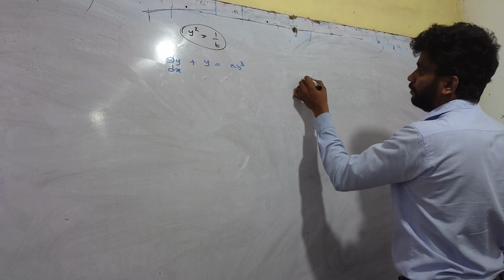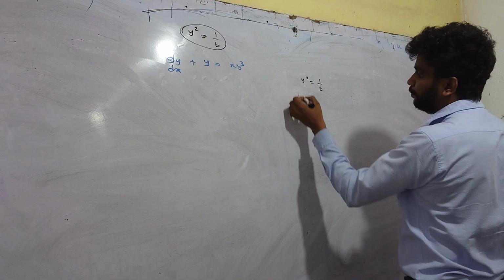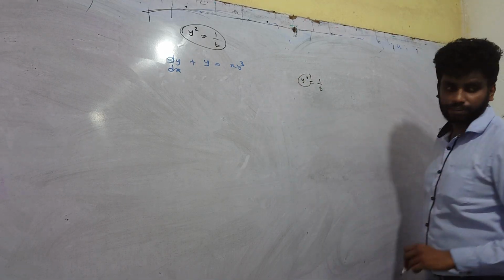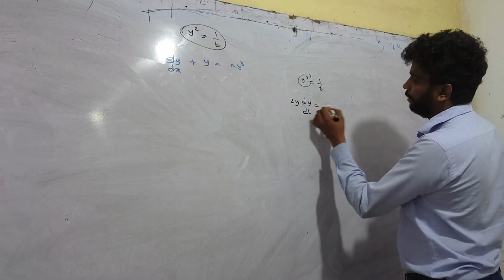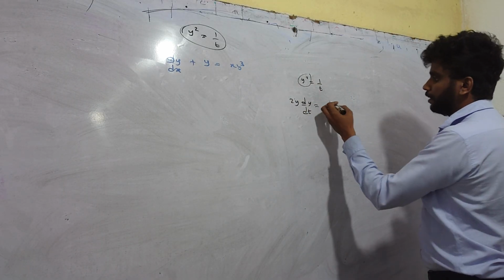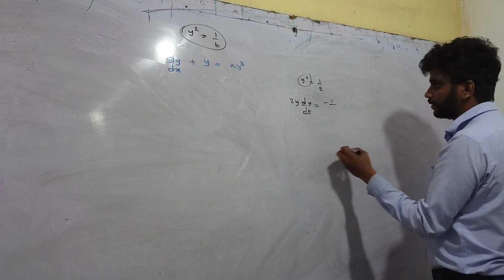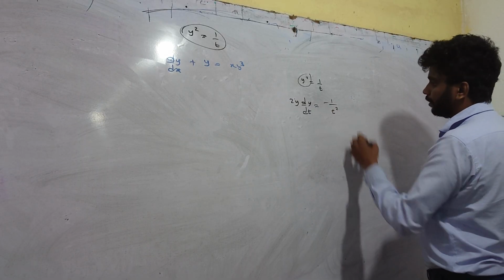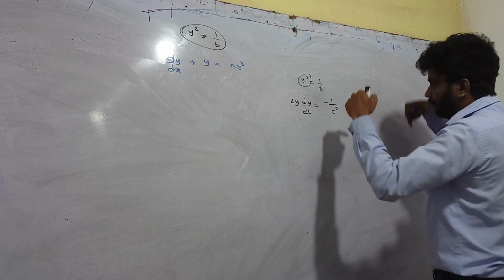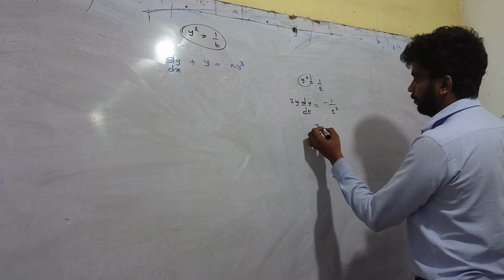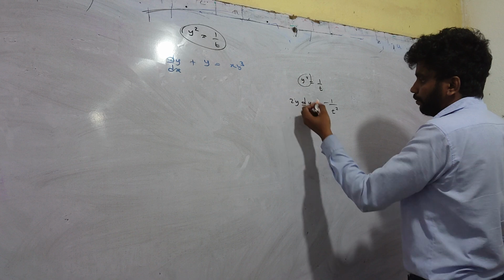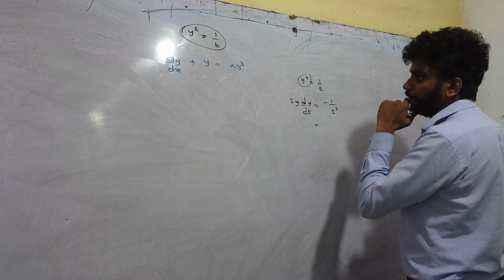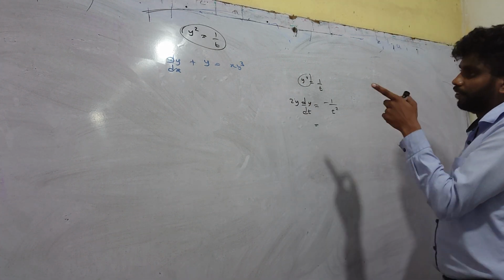When you differentiate both sides with respect to t, we apply the chain rule for this, right? This becomes 2y into dy by dt. When this is differentiated, this t to the power minus 1 comes outside, and t to the power minus 2 becomes a denominator, right? Then dy by dt is this one. But we have to find that one, right?